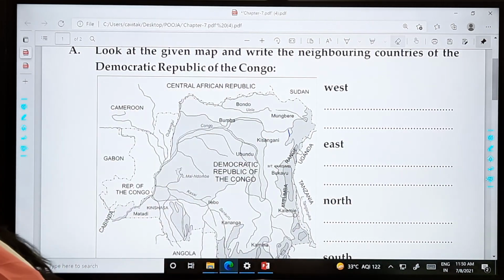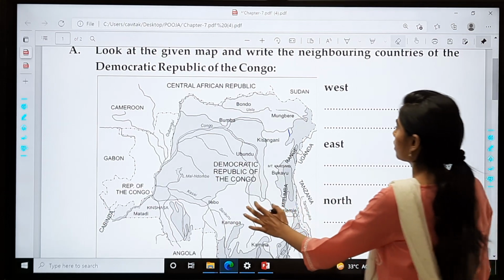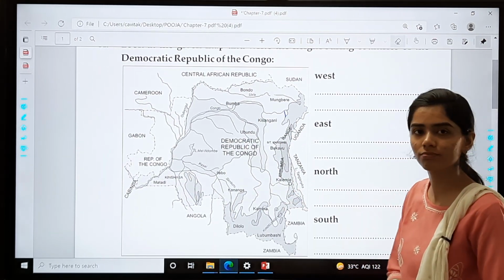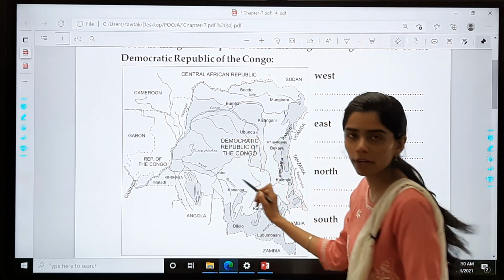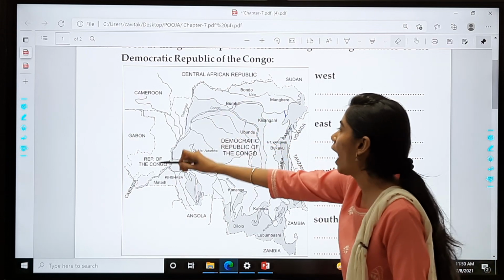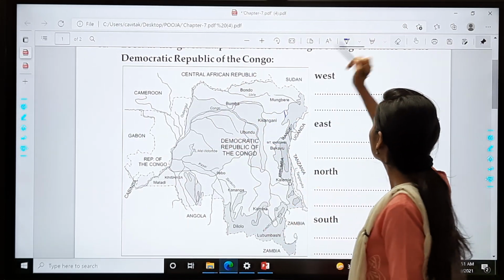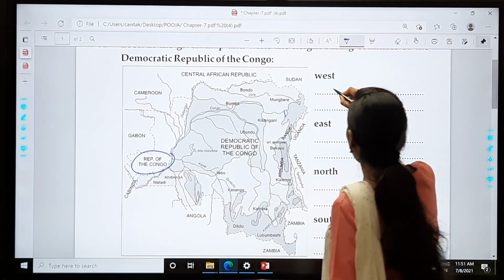So what you have to do in this? You have to write the neighbors of it. Now for example, the first one is West. You can see this is the Democratic Republic of the Congo and these are the neighboring countries. So at the west you see Republic of the Congo.